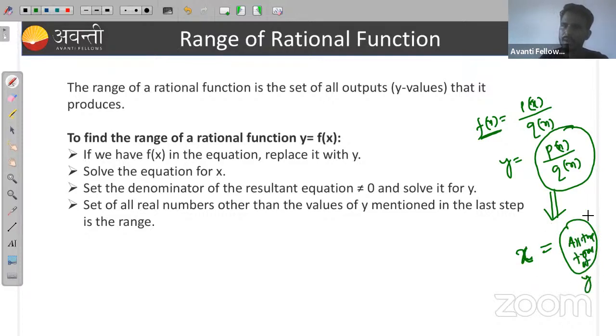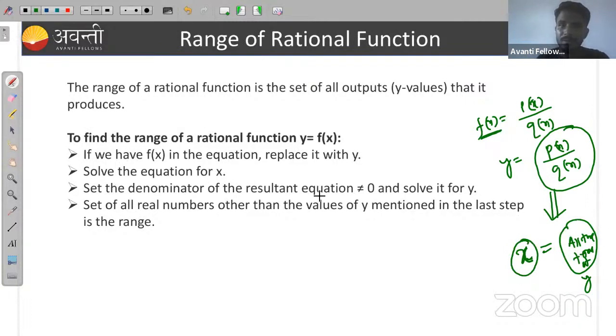So all the terms of y will be one side and all the terms of x will be one side. If we have f of x in the equation, replace it with y. That I did. Solve the equation for x. Solve the equation for x means you have to put x one side and all the terms of y one side.